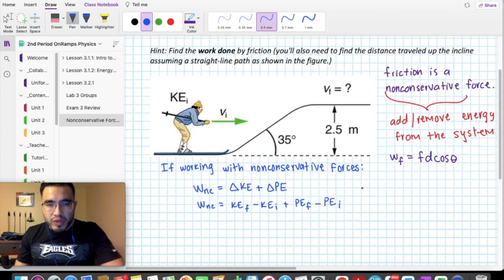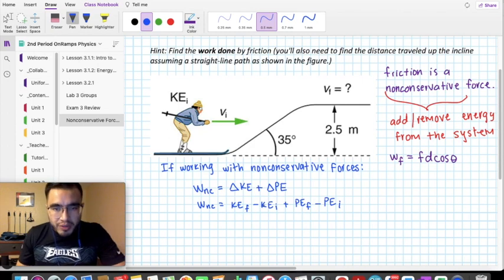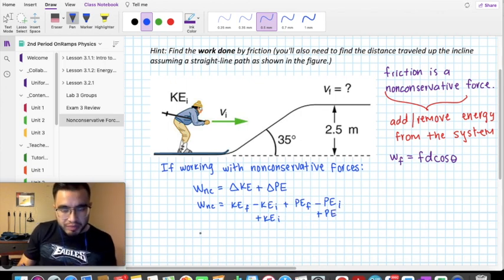Now what I'm going to do is I'm going to move the initial kinetic and potential energies to the left side. So I can have a different version of the equation. So I'll have kinetic energy initial plus potential energy initial. I forgot the I over here.